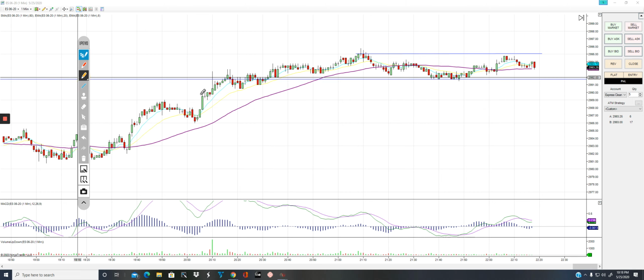Also, this is a very tight place to try to catch a trade because you also got support right here. This is not a very good place to take a trade.